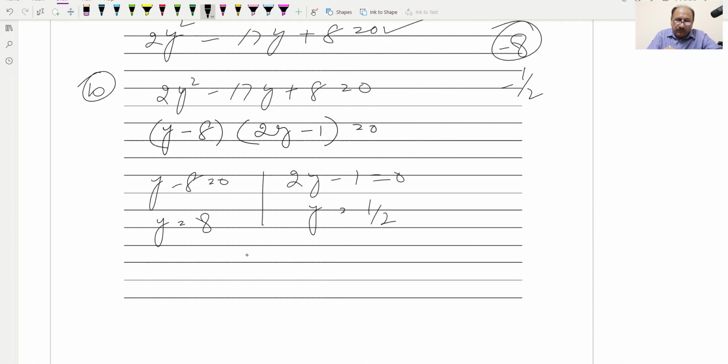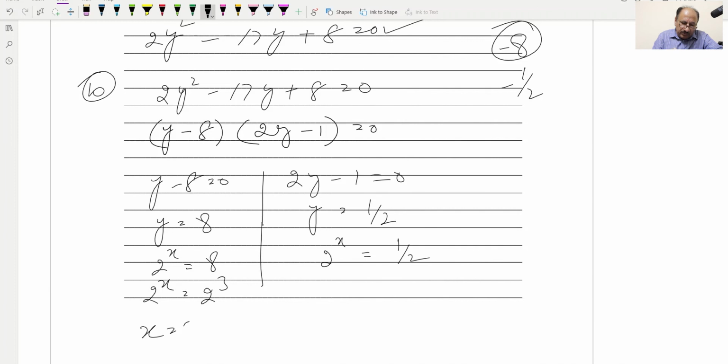And further we can write y is basically 2 raised to power x is equal to 8, and this will be 2 raised to x is equal to 1 by 2, and we can rewrite it as 2 raised to x is equal to 2 raised to 3.